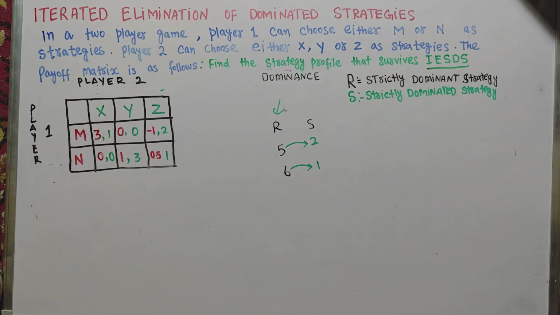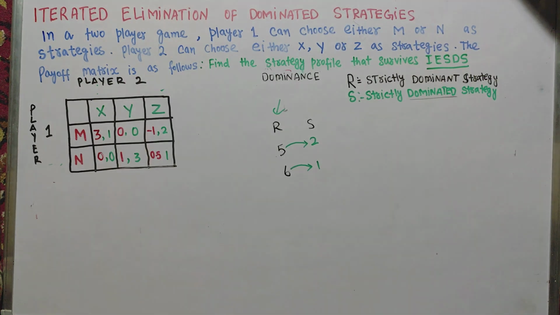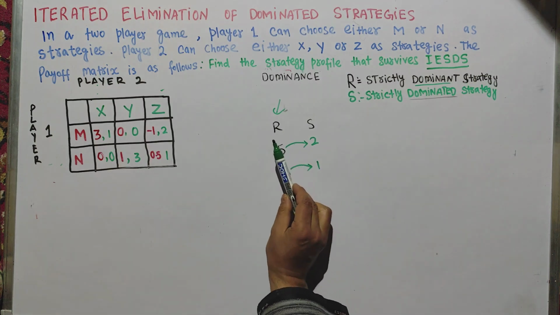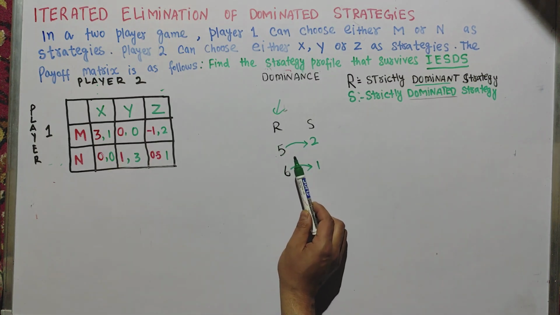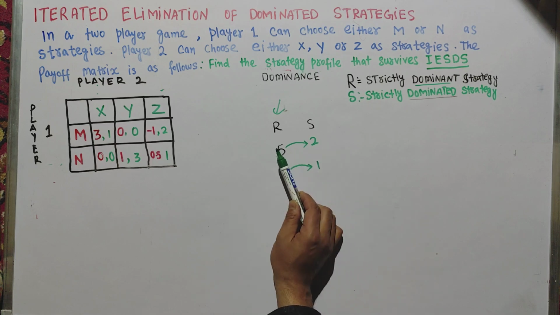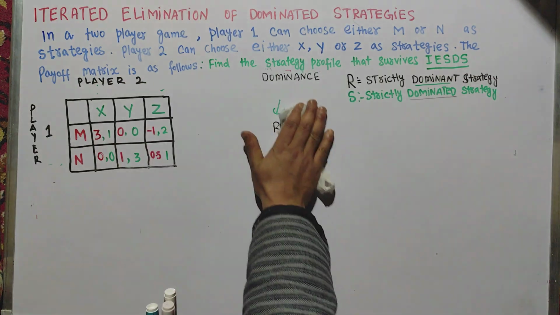So as not to get confused, dominated means it is less preferred here, compared to dominant. Okay, if R is a strictly dominant strategy, that means S is a strictly dominated strategy. It was necessary to explain the dominance here.